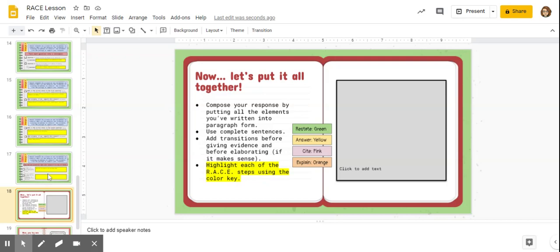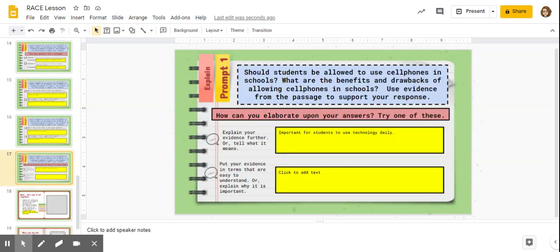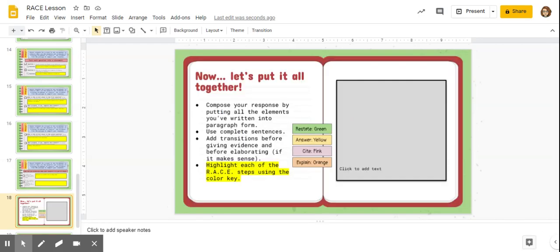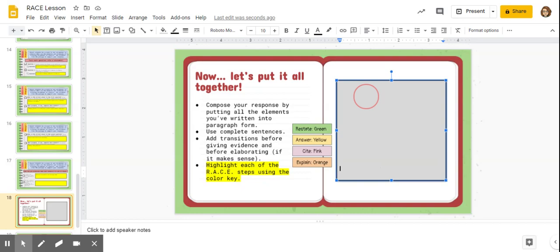So let's take a look. The questions. We're restating the question, remember? I go back up to restate where we typed them out. Students should be allowed to use cell phones in schools.